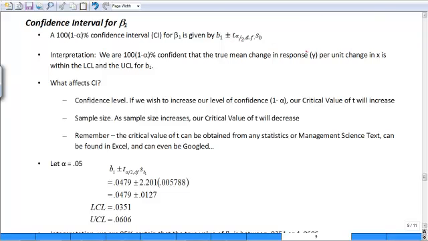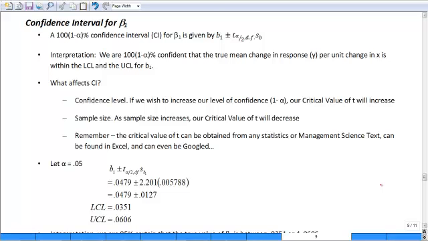Interpretation of this confidence interval: it is a range that we expect to include the true value of the slope. In other words, the true price per square foot for a house. What's going to affect the confidence interval or the estimate? Well, the confidence level. If we have a small value of alpha, our confidence interval is going to be pretty wide.